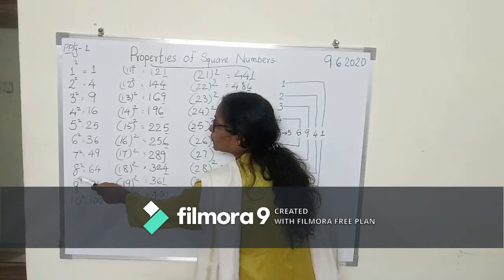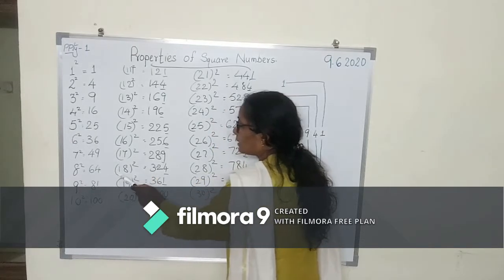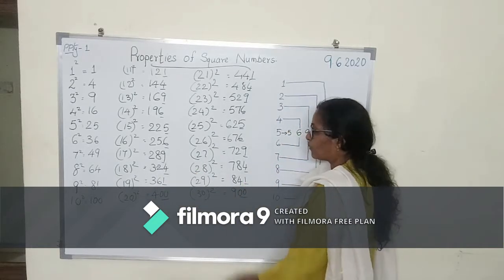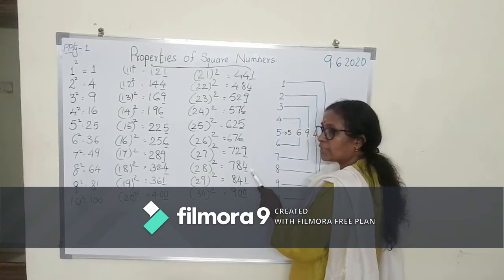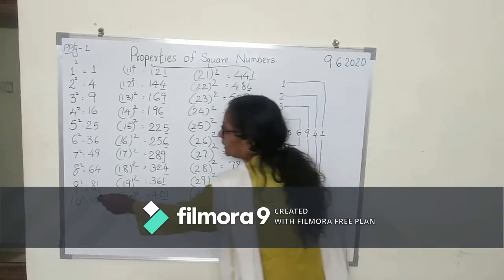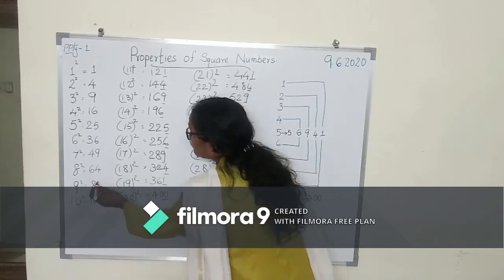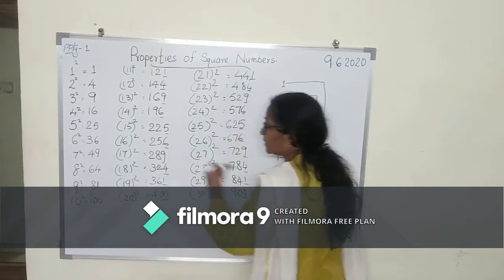See here 8 square is 64. So unit place is 4. 18 square is 324. Unit place is 4. 28 square is 784. The unit place is 4. 9 square is 81. Unit place is 1. 19 square is 361.